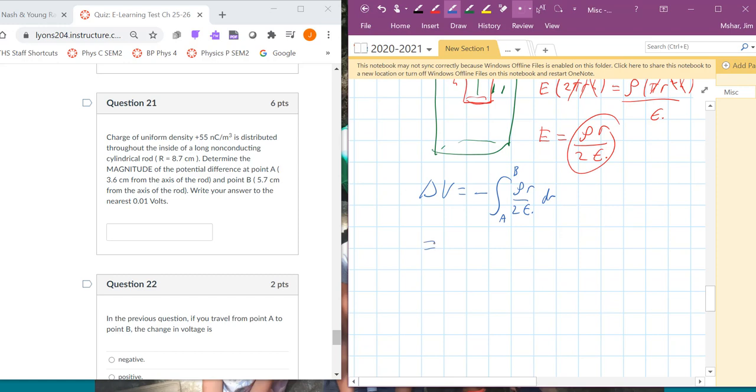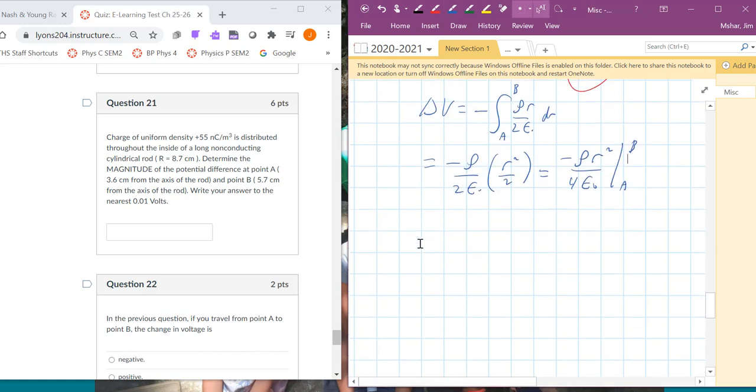All right, so then you got negative rho, the 2 and epsilon naught are constants. You're just integrating r, which becomes r squared over 2. If I tidy that up, this becomes negative rho r squared over 4 epsilon naught, evaluated from A to B. So let's see.